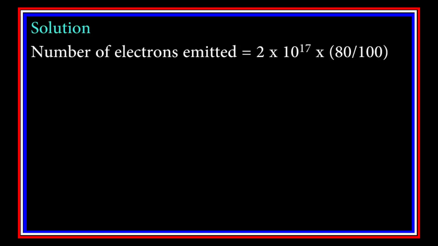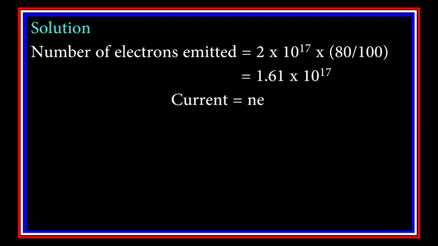Solution. The number of electrons emitted is equal to 2 times 10 to the power 17 times 80 over 100, which is equal to 1.61 times 10 to the power 17.